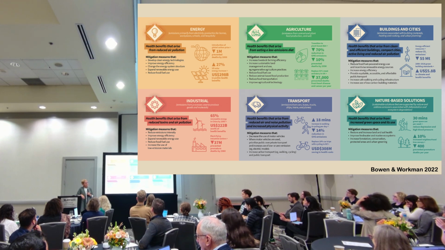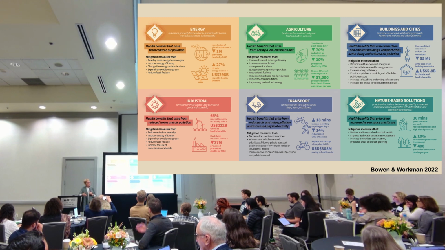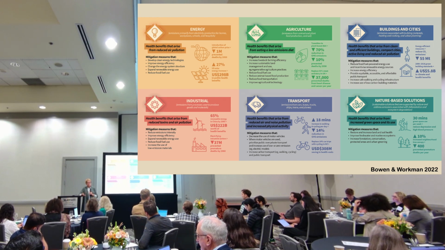A message that hasn't come out very clearly, despite efforts in the health sector, is when you look at the different policies and technologies to reduce greenhouse gas emissions, they all have health benefits. And when you look at these health benefits, it's possible to quantify the avoided hospitalizations from closing down coal-fired power plants.